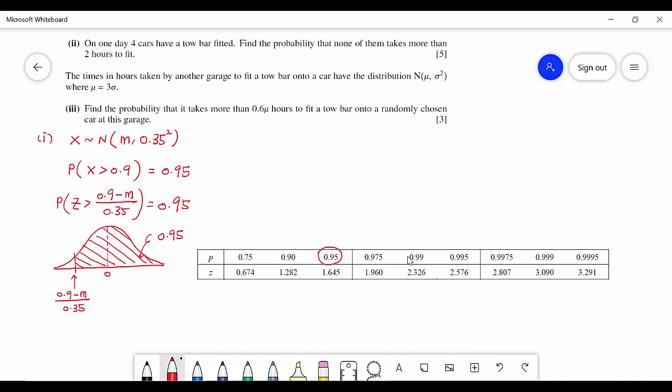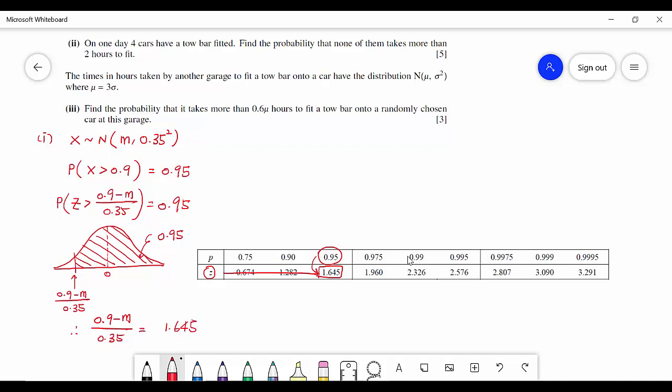If you look at this 0.95, the value of z is actually 1.645. So you know that this value (0.9 minus m) divided by 0.35 should be 1.645.